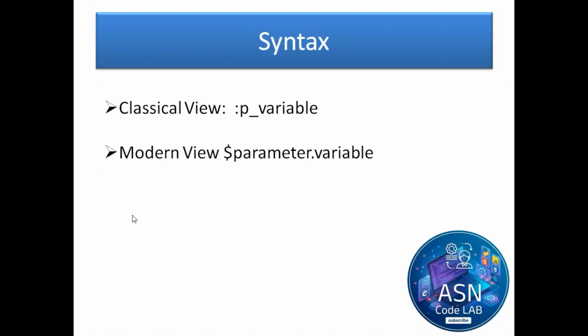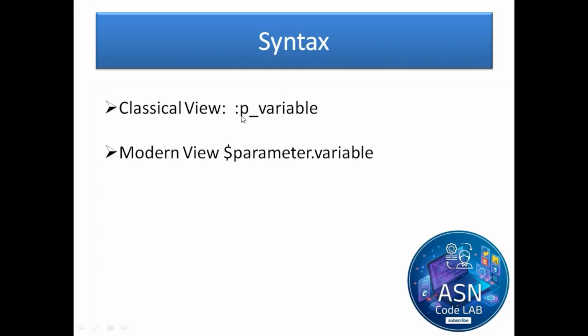Coming to syntax, so both the classical view or the modern view, or you can say the CDS view entity, both can have parameters, but there is a slight difference in the syntax. So if we see our classical view, it is like colon p_variable or whatever. This is the parameter name.